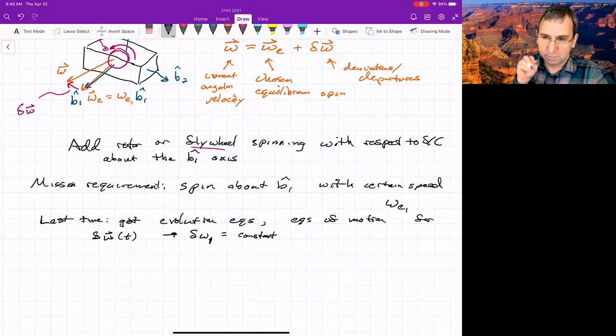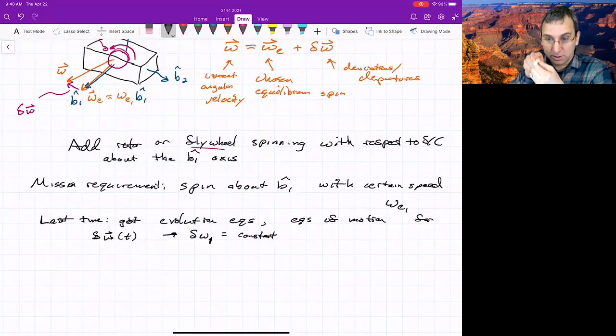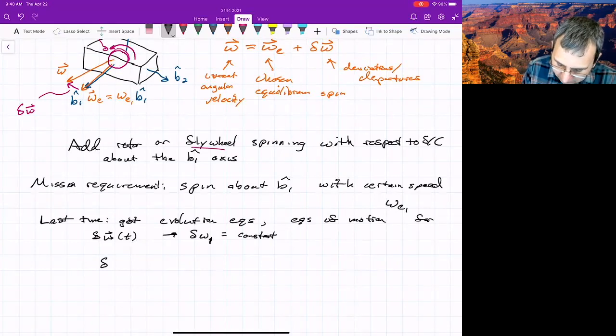Meaning if we started out spinning just a little bit more than we wanted, maybe it's 123 RPM, well, that's what we got. But the other two will tell us about the wobble around the B1 direction. So what we ended up getting is that delta omega 2 double dot plus k delta omega 2 equals 0.